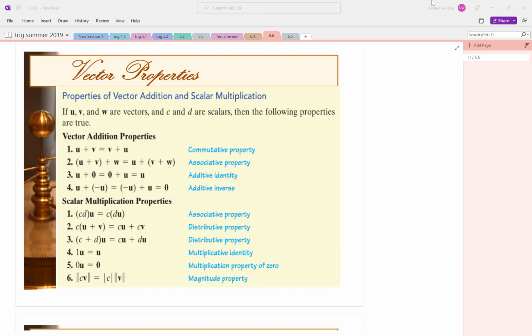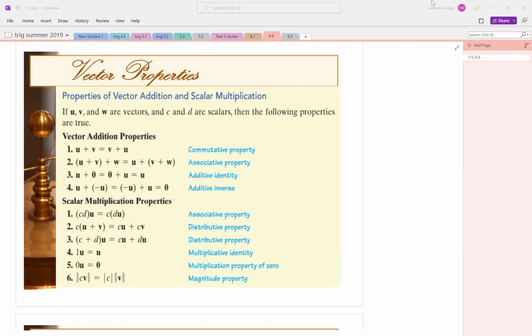We can also have two scalars added together times a vector to get cu plus du. This is also a distributive property. For multiplication, 1 times u is equal to u, which is our multiplicative identity. 0 times u is equal to the 0 vector, which is our multiplication property of 0.